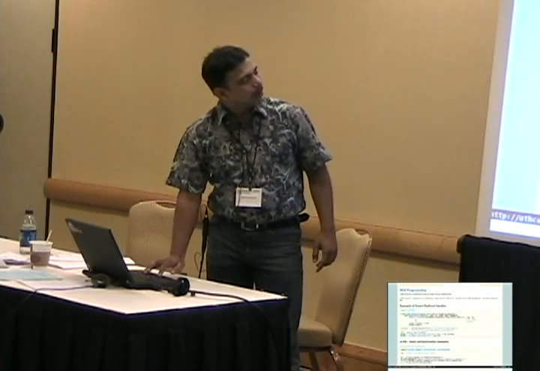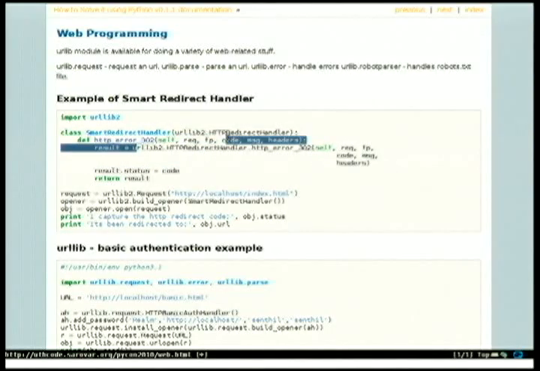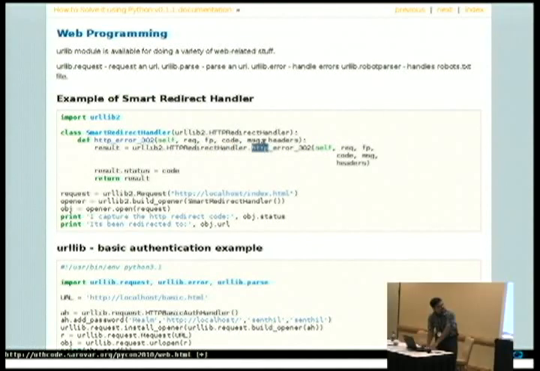I am calling urllib2's HTTP redirect handler, the same object and the same method. I am extending the functionality of the default available handler, and instead of using the standard HTTP redirect handler, I am asking it to use my smart redirect handler.